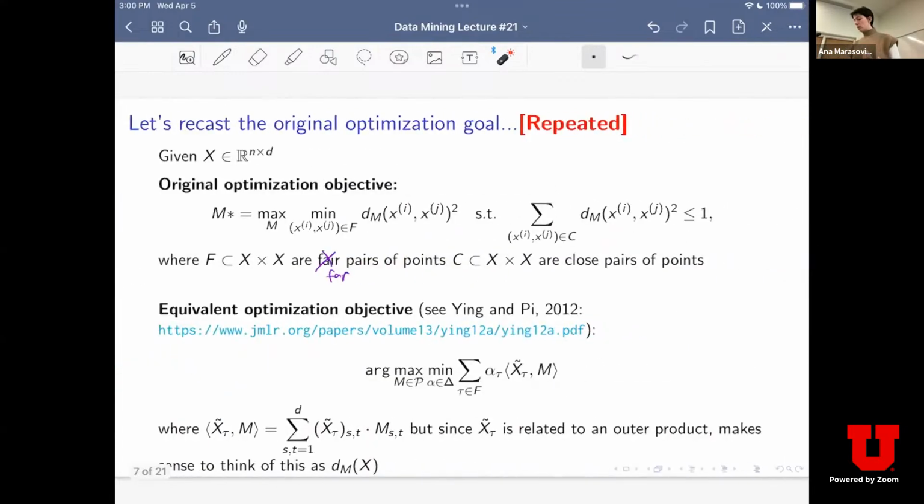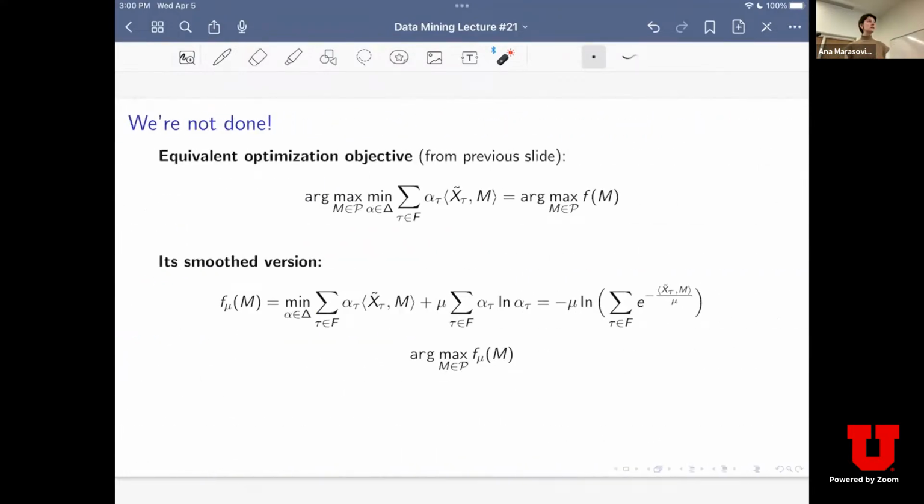I'm not showing you how we get to it, I'm just showing you what it is. It is this term. It doesn't really matter what any of this is. Our whole optimization procedure is going to be to find a matrix M in the set of positive semi-definite matrices that have trace 1, such that they are maximizing this function, which itself is a minimum of something else.